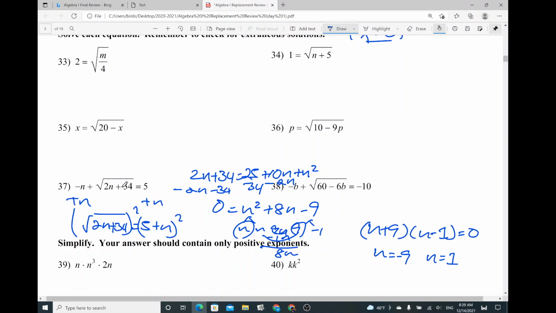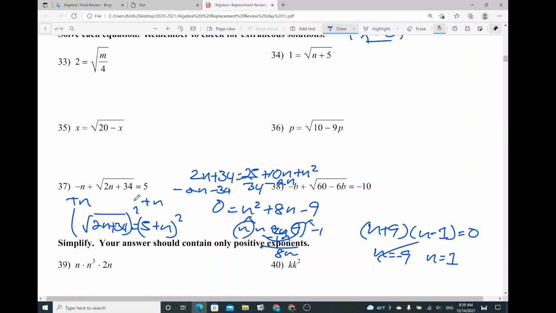Okay, but 9 plus 4 right here, so it cannot be 5. So I have to be careful, one of the solutions has to be extraneous. So again, plug in negative 9, so we got negative 18 plus 34, 16. Square root of 16, that's 4. So 9 plus 4, that's 13, it's not 5. So this one would be the extraneous solution.